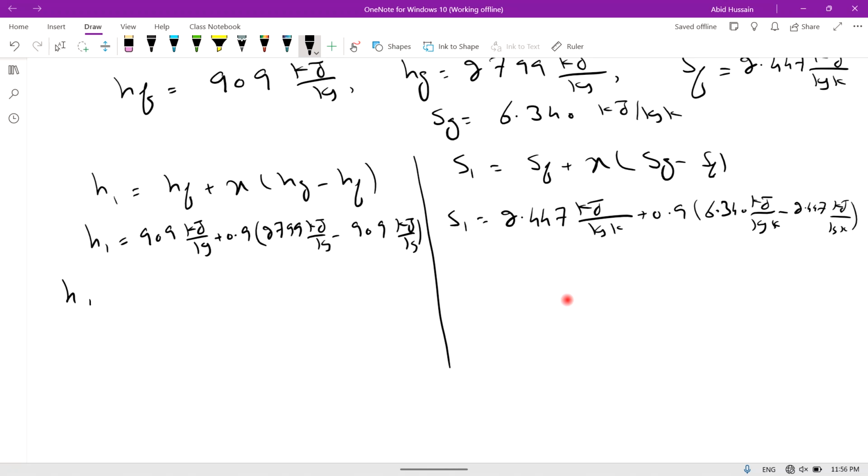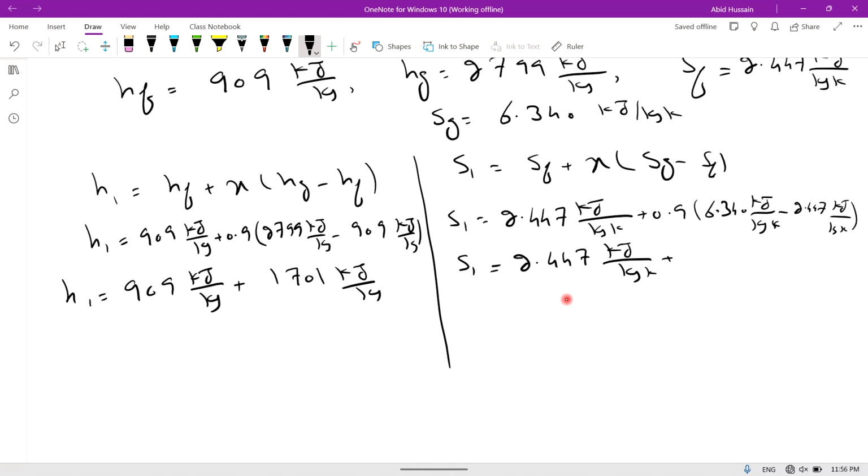So H1 is equal to 909 kilojoule per kilogram, and simplify this value, 2799 minus 909 and multiply by 0.9. So the answer will be 1701 kilojoule per kg. Similarly, for S1, which is equal to 2.447 kilojoule per kilogram per Kelvin, plus simplify this value, 6.340 minus 2.447 and multiply by 0.9.